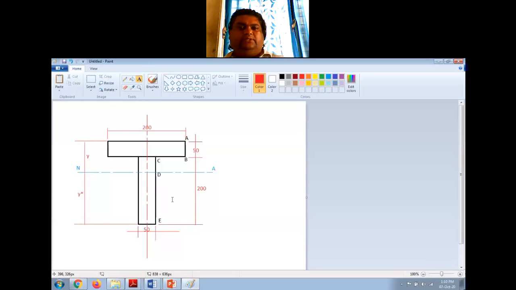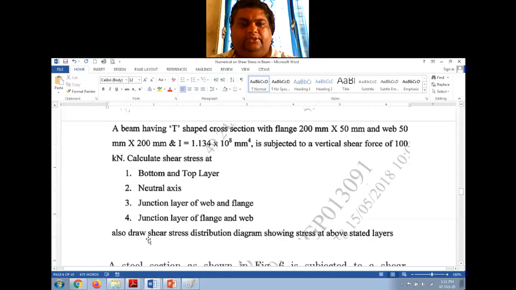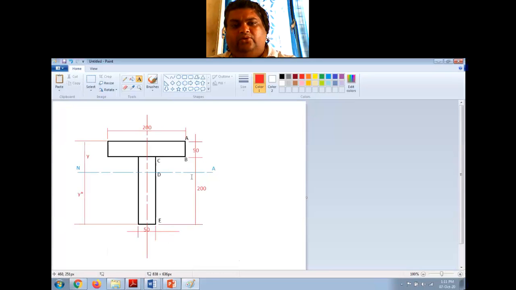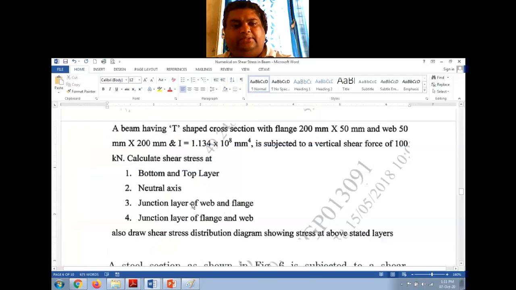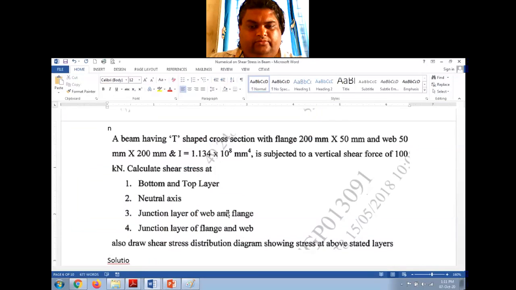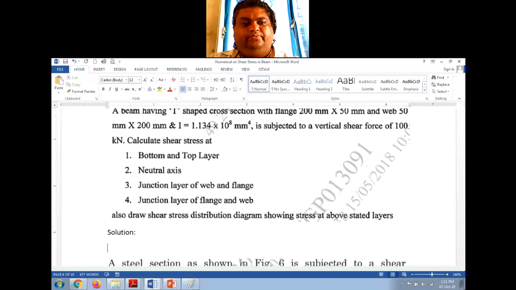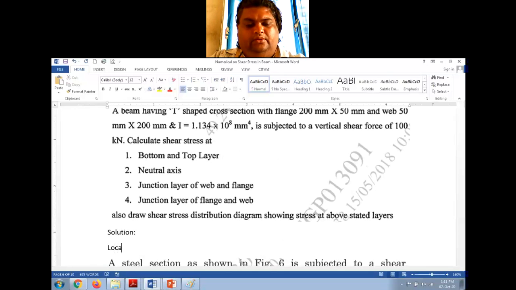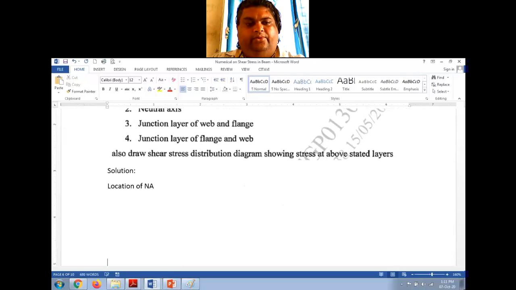Okay, so this is our diagram. Now with this, let us start calculating the shear stress. So first thing I have to do is find the location of center of gravity or the neutral axis. So solution, location of NA, neutral axis, right?